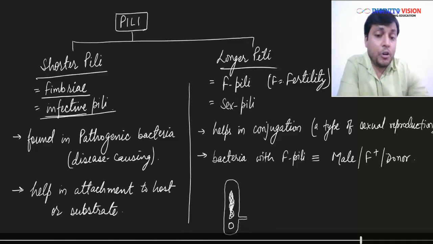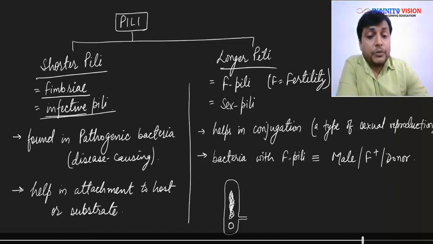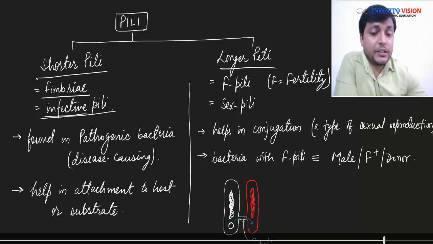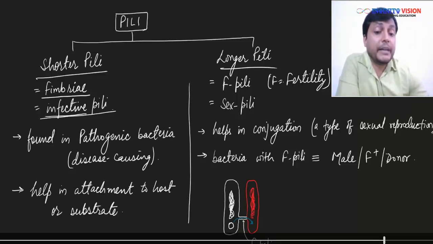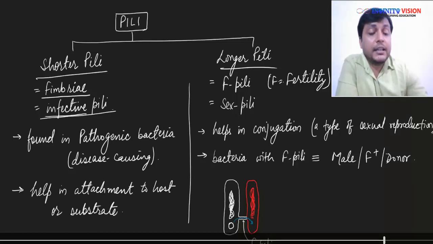Now, using this longer pili, this bacteria attaches to another bacteria. Now, this bacteria does not have this extra plasmid. As a result, it cannot make longer pili or sex pili, and hence this bacteria is considered as female bacteria or recipient bacteria or F negative bacteria.